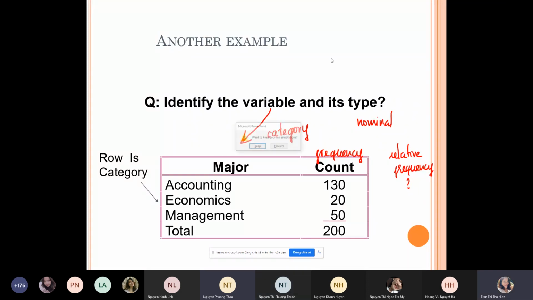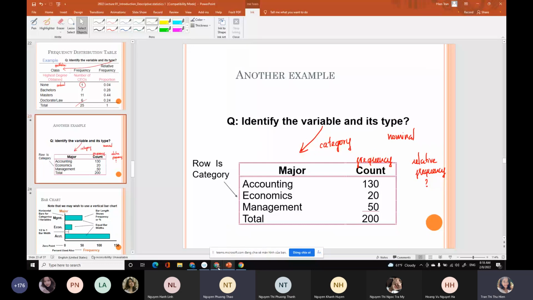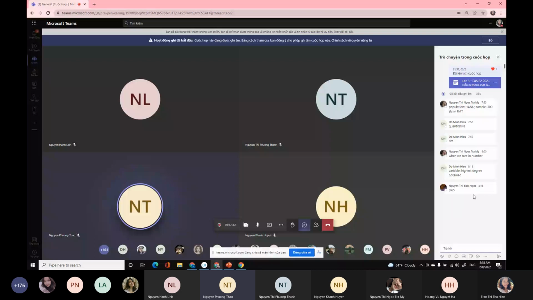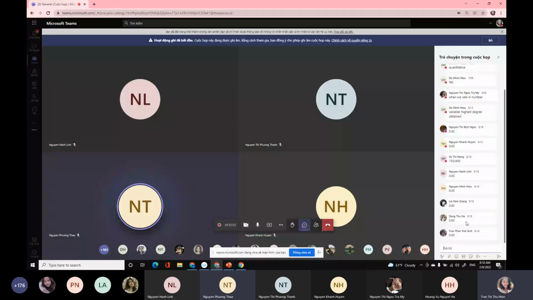Okay, let me look at the message box. Only one student has given an answer. What about the others? Maybe you have to give me the answer as a decimal number. All of you get the answer.